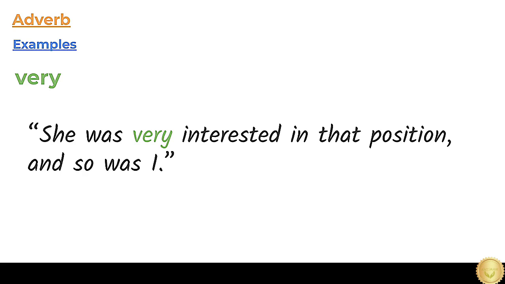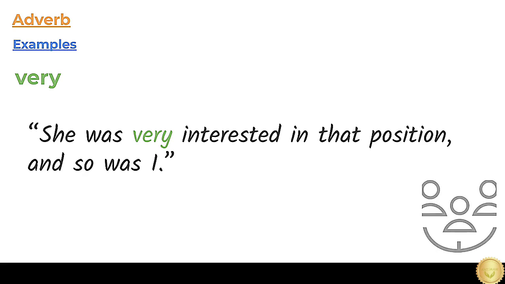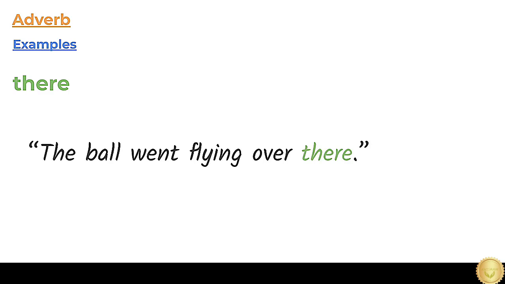She was very interested in that position, and so was I. Describing the extent to which she was interested here. Okay, and then we have another one there. The ball went flying over there. So this is an interesting adverb describing the direction where something went.